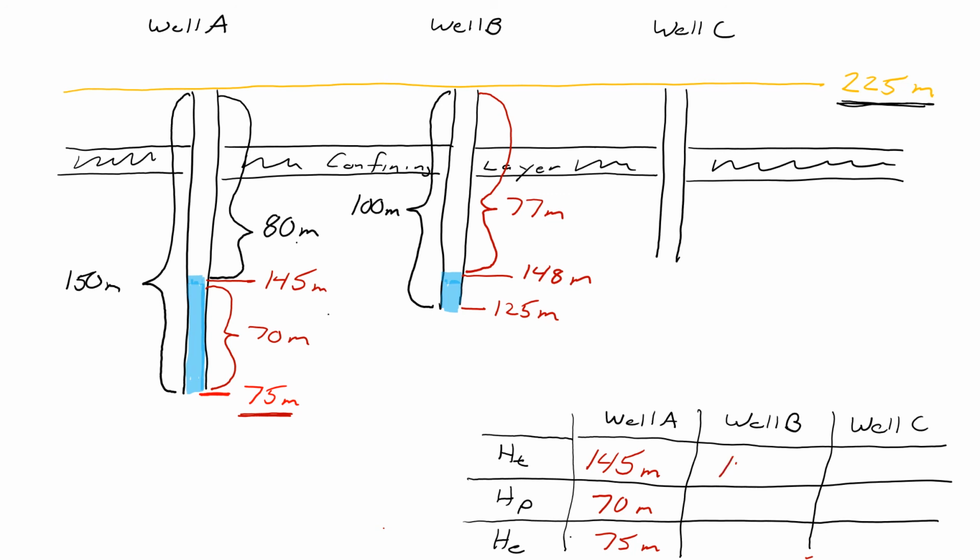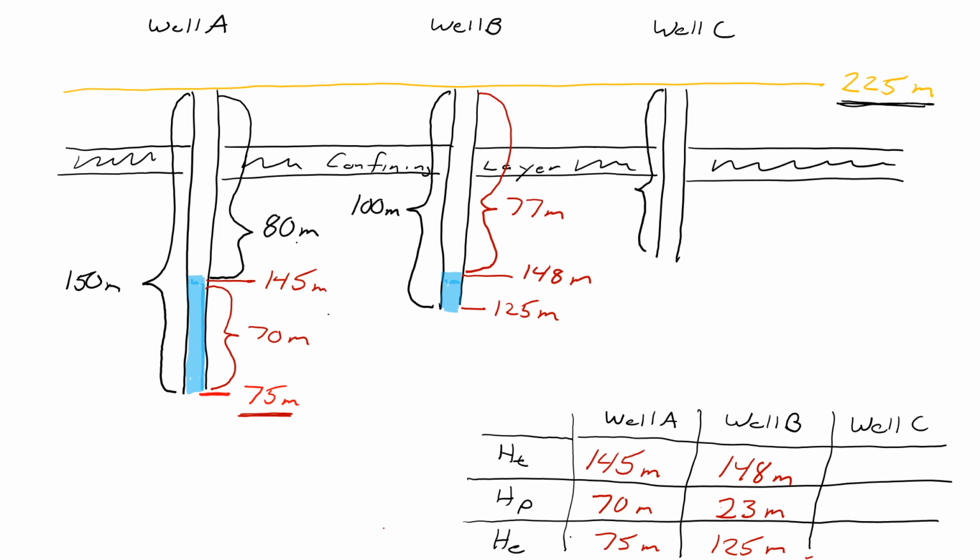Okay, so what's the total head? 148 meters. What's the elevation head? 125. It's the elevation of the base of the well. The difference between those two is going to be the pressure head. What do you get for that? 23. Remember, the pressure head plus the elevation head should equal the total head.